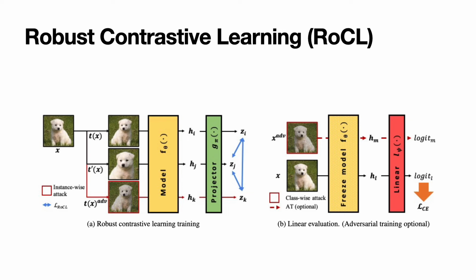To properly evaluate the robustness against a specific type of attack, the authors propose a new evaluation protocol, which we refer to as Robust Linear Evaluation, RLE. It could also be used as an efficient means of obtaining an adversarially robust network using a network pre-trained with self-supervised learning.